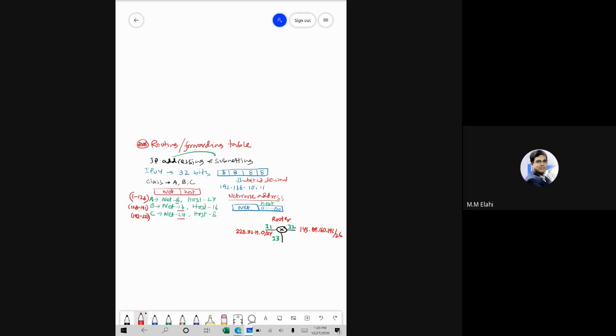But how come it is 26? Because 10 bits are used for subnetting. That means out of the 16 host bits, 10 bits are taken for combinations. How many combinations? 0 to 2 to the power 10 minus 1, right?